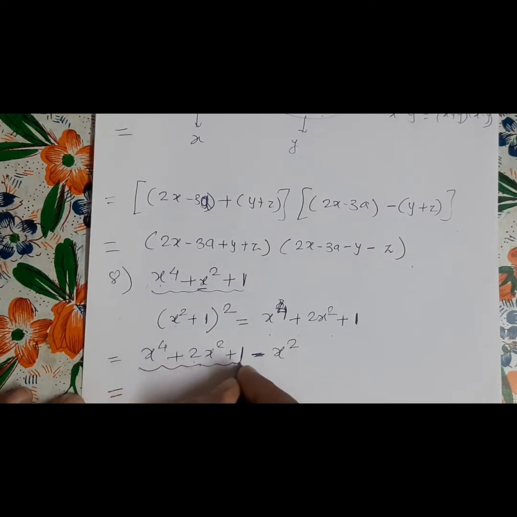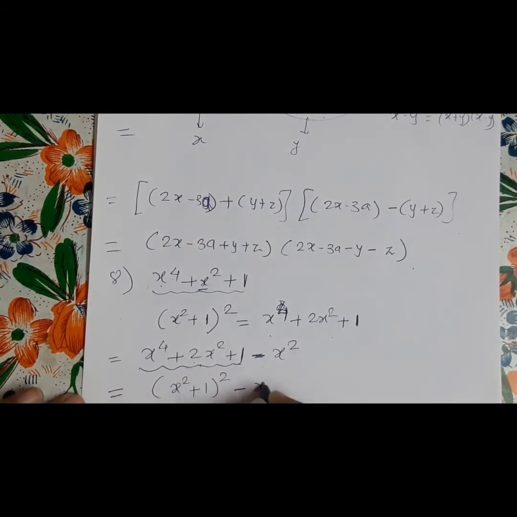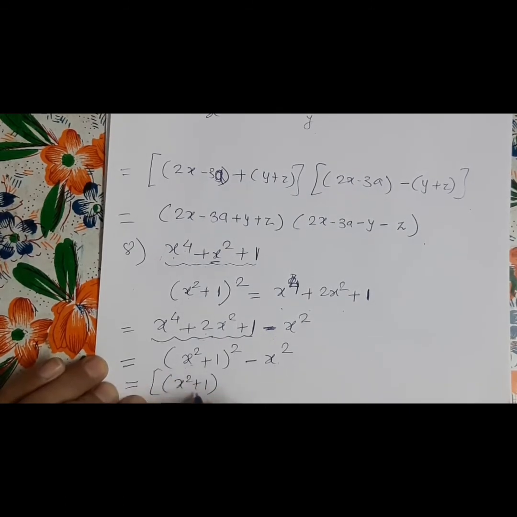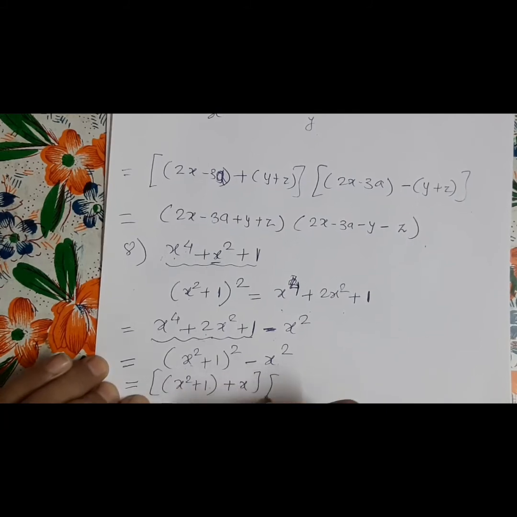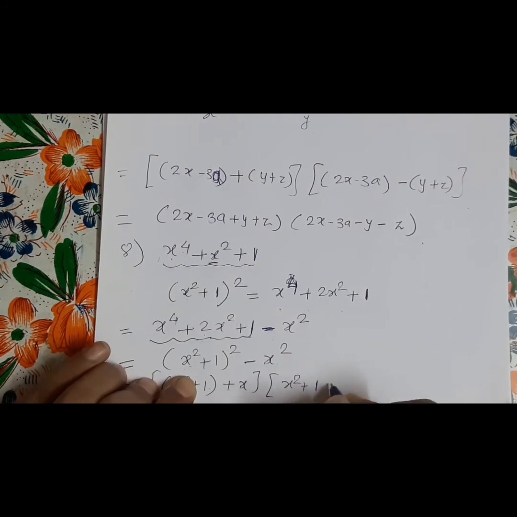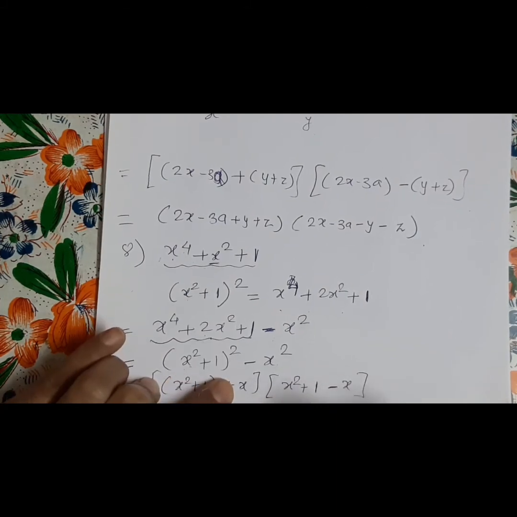Now if you see, in place of this I can write x square plus 1 whole square minus x square. Yes, now it is in the form of a difference of squares. So we can write the factors: x square minus y square is x plus y into x minus y. It is x square plus 1 plus x, into x square plus 1 minus x.